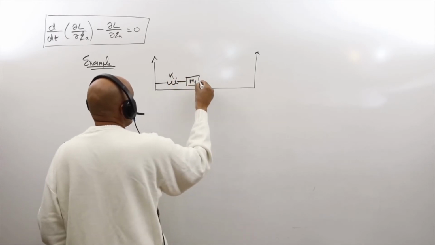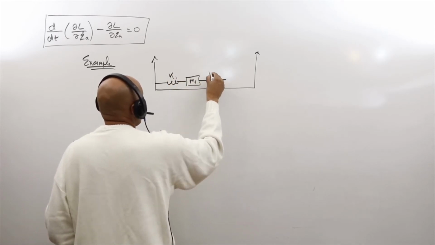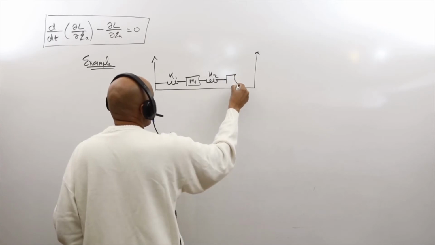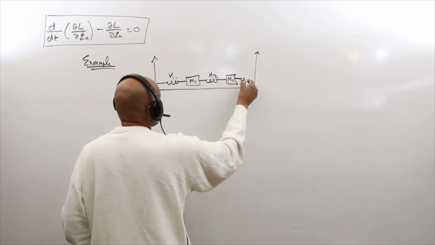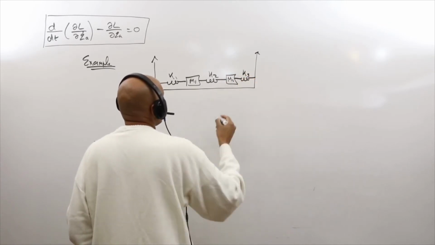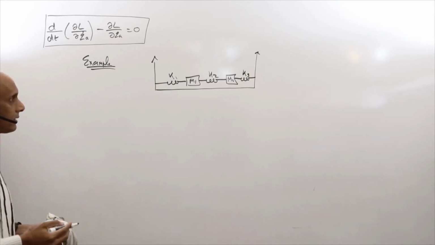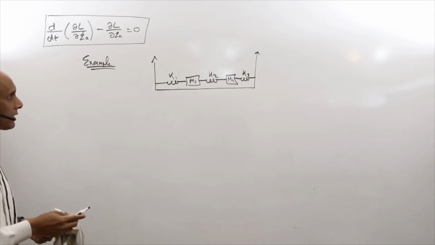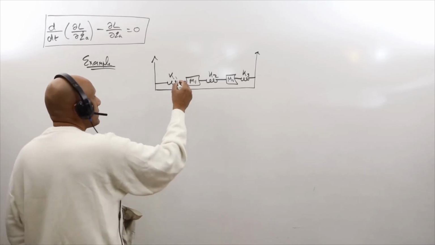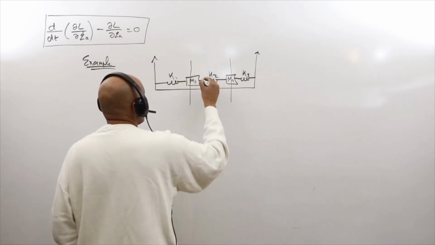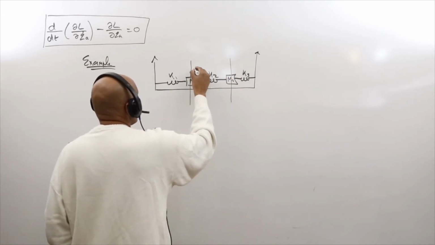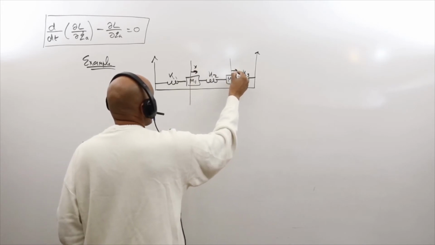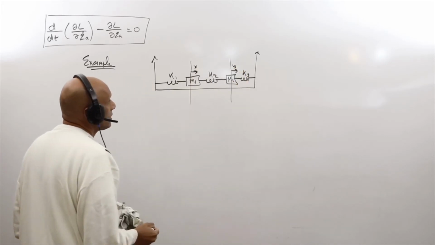Here is k2, a spring that's attached to another mass m2, attached to another spring, k3. So we have two masses, three springs attaching between them. I'm going to assume that they've all reached equilibrium, and that the displacement of one is called x, and the displacement of the second from equilibrium is equal to y.